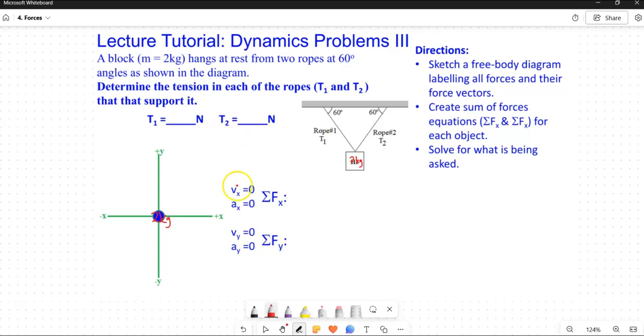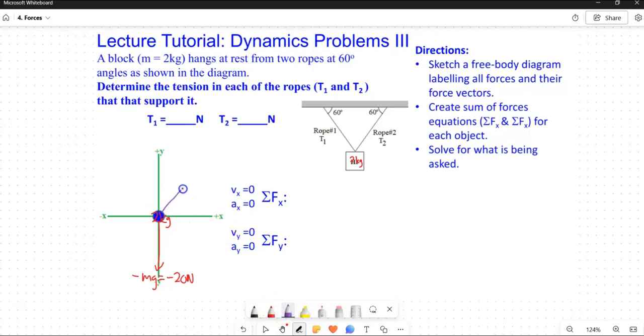They're saying that the object is not moving or accelerating in any direction. Let's start off with the weight of the object. I'm just going to calculate this as negative mg, and I'm going to call gravity 10 meters per second squared down. So this is going to be a negative 20 newtons of weight. Now I'm going to use 2 different colors.